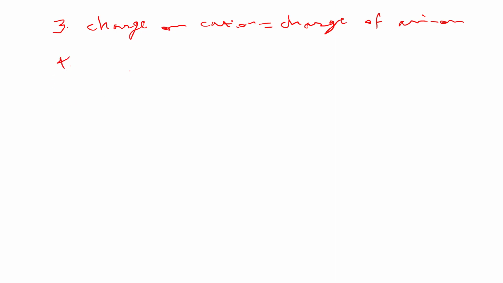The next criterion is that the salt or electrolyte we are using in the salt bridge should not interfere in the cell reaction. This is the most important criterion. So it should be inert.